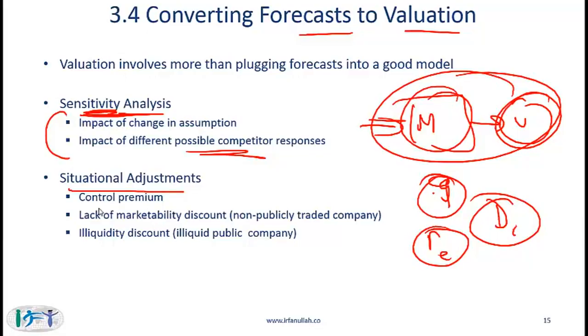And here are some terms that are mentioned in the learning objectives. Actually, these terms are touched on briefly in this reading and then in more detail in subsequent readings. A control premium. Sometimes when a large company buys a small company and takes control, then the larger company can maybe make the smaller company more efficient, and therefore the value that the large company pays might be more than the pure market value of the small company.